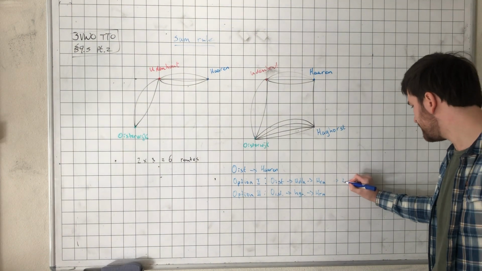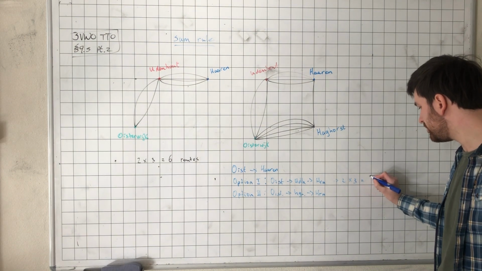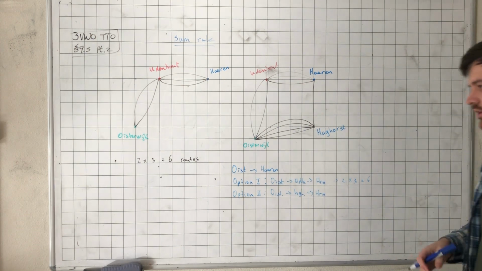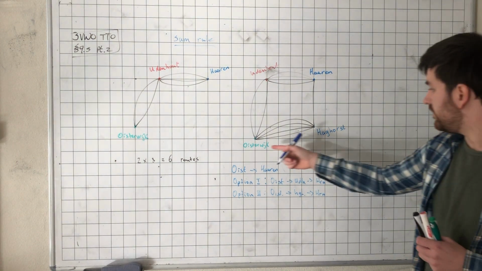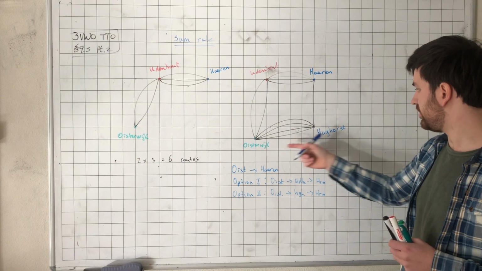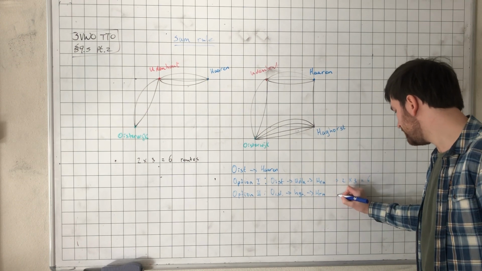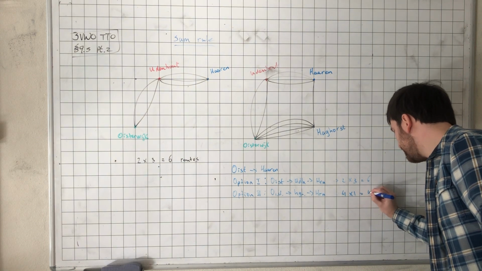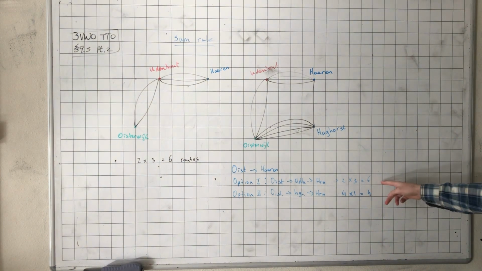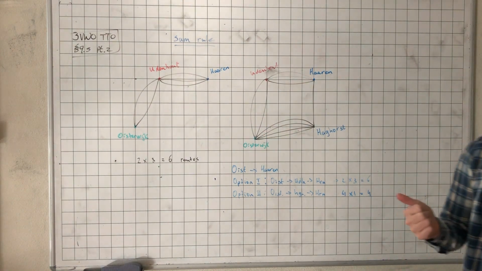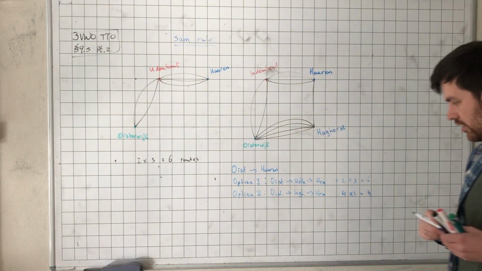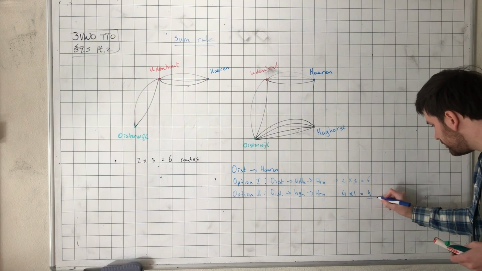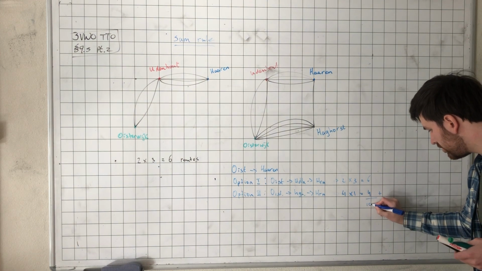It's 2 times 3, which is 6 routes. Then, if we don't want to go through Udenhout, we can only go through Haghorst, and then we have 4 times 1 route. The thing is, these 6 routes through Udenhout are fine, but also these 4 routes through Haghorst. That means that all of these 10 routes are correct.